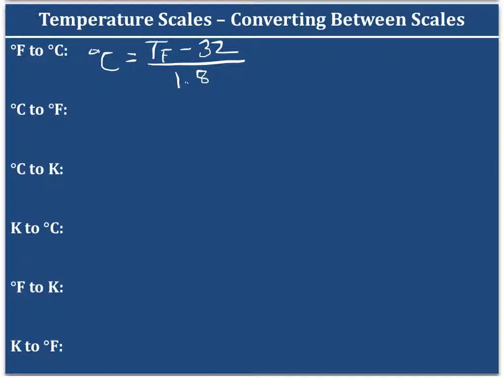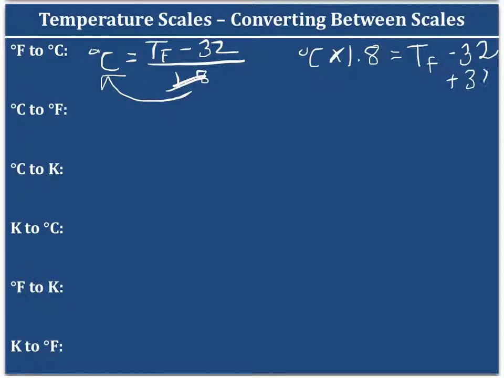Now we could go the opposite way, so we want to get Fahrenheit from Celsius. Let me just show you how we would manipulate this first equation. We'd move this up, so we'd have degrees Celsius times 1.8, and that would be gone now. So that equals temperature in Fahrenheit minus 32. And then we would add 32 to both sides.